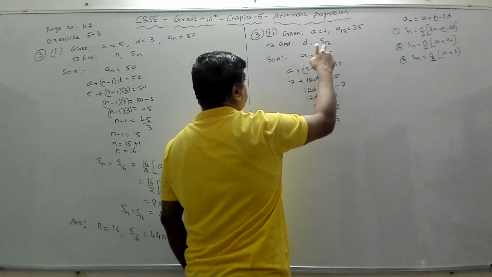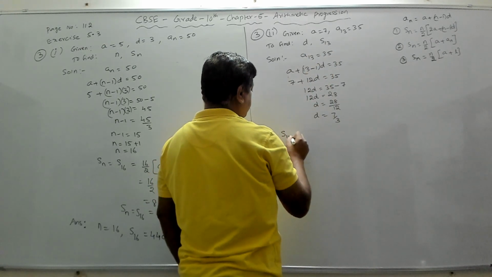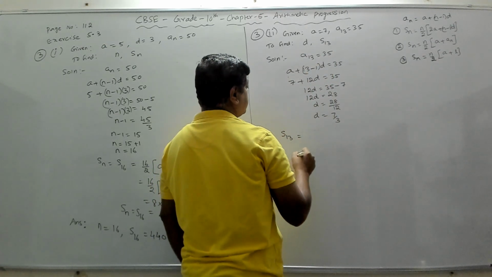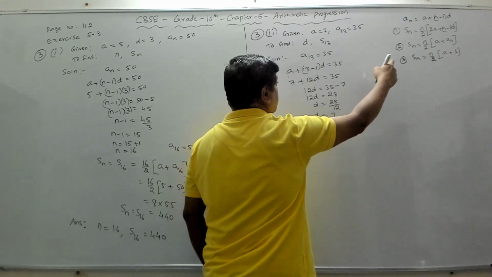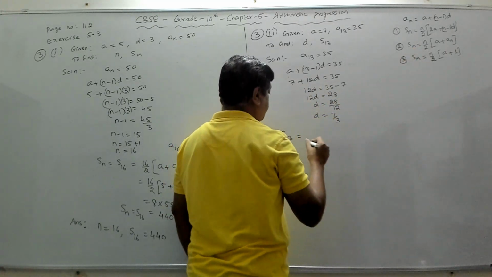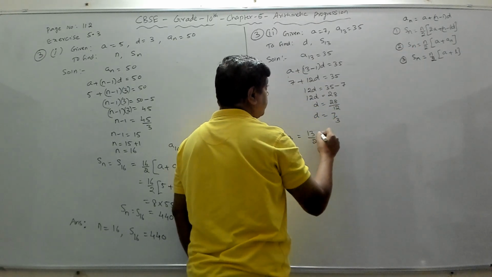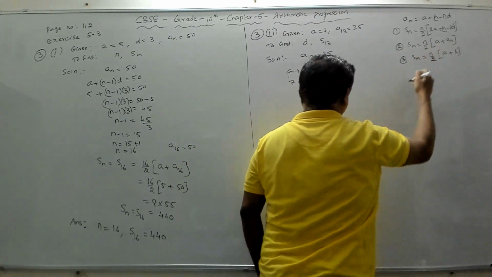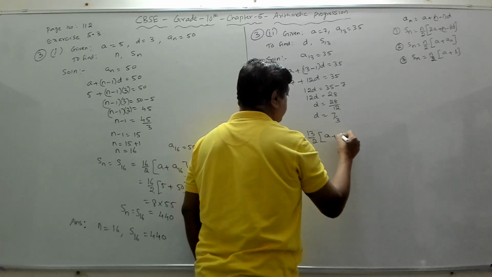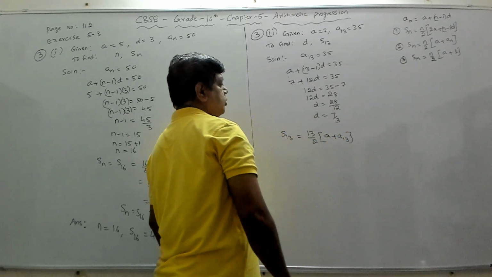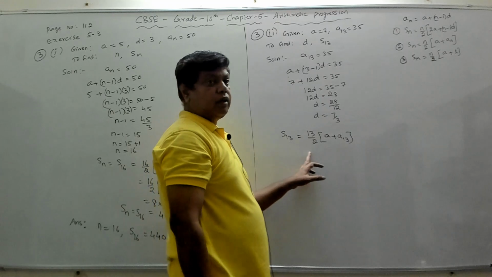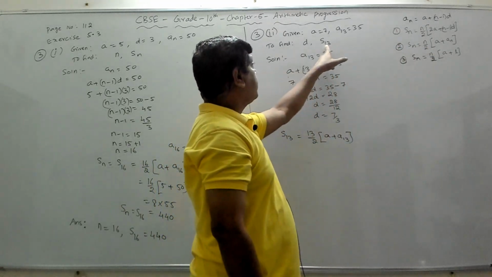Now we should find S13. What is the S13 formula? S13 equal to N by 2, and you can use this formula: N by 2 into A plus AN. N is 13, so I'm substituting N as 13 in this formula because we want S13.